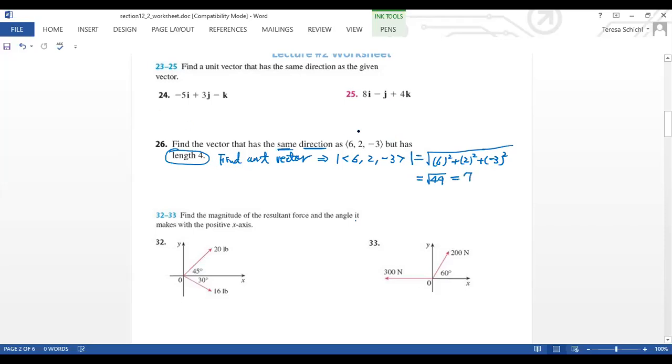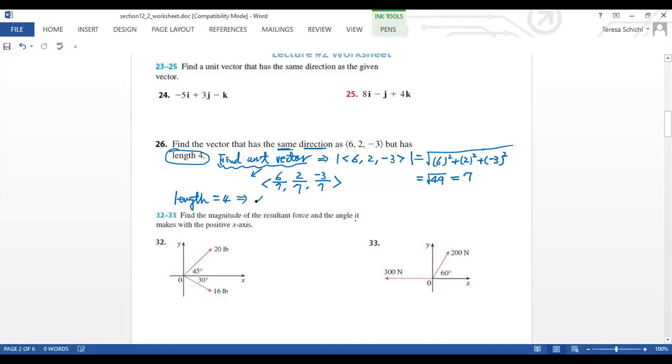From what we did before, I know the unit vector will just be this vector divided by its length, which is 7. So it's (6, 2, -3) divided by 7, and this will be the unit vector. Now, if I want the vector with length equal to 4, you need to multiply by the constant.